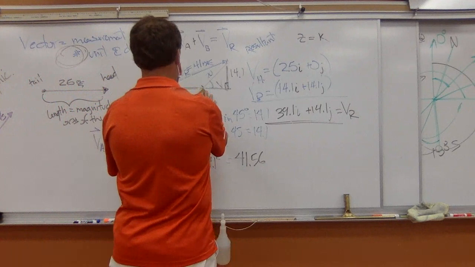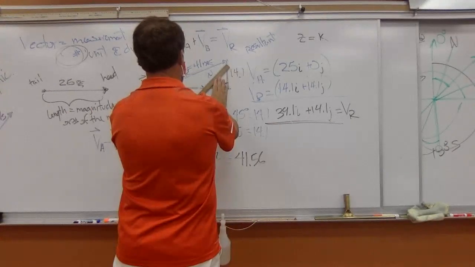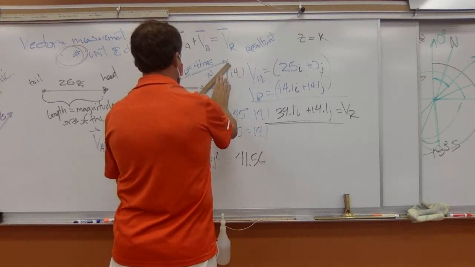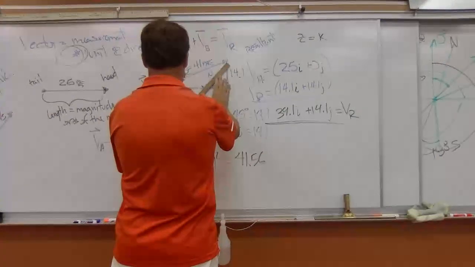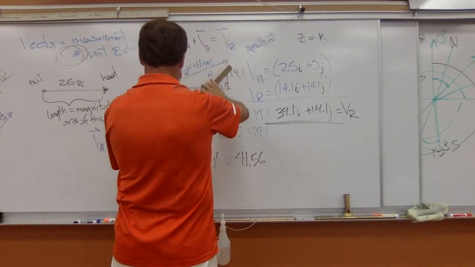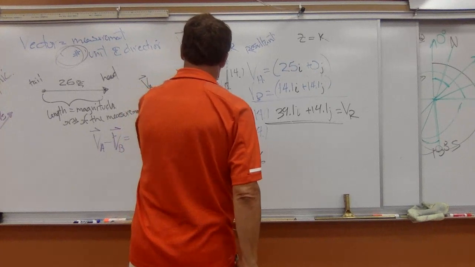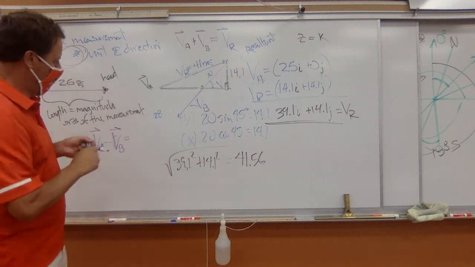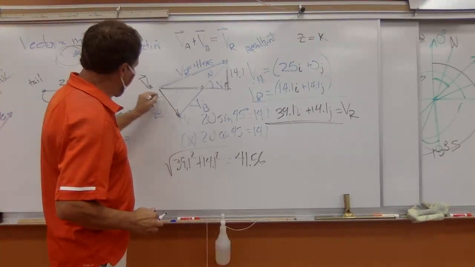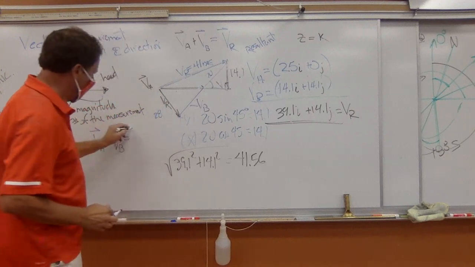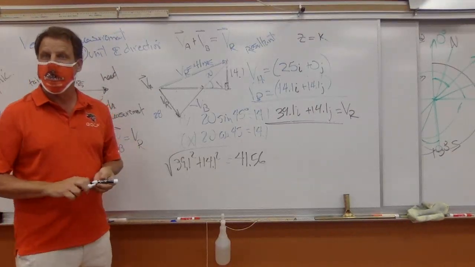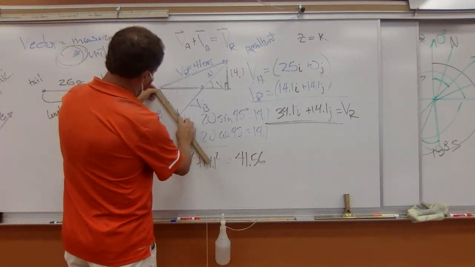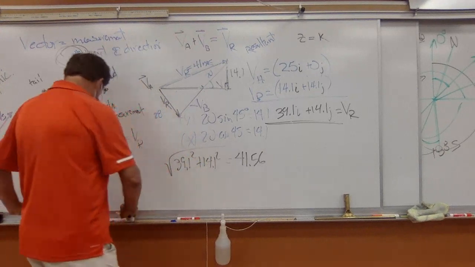So now, instead of going up and to the right, it's going to go down and to the left. This is negative vector B, and our resultant vector right there, let's measure that, would be about 19.